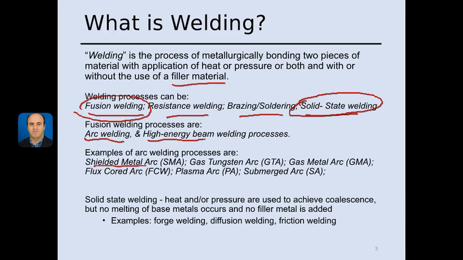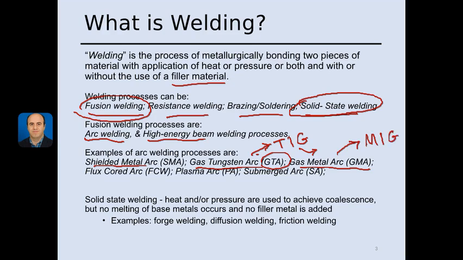And shielded metal arc welding, gas tungsten arc welding. GTA is an abbreviation of gas tungsten arc welding. Sometimes they call it the TIG welding process. TIG means tungsten inert gas. This one, gas metal arc welding, is also called MIG welding.